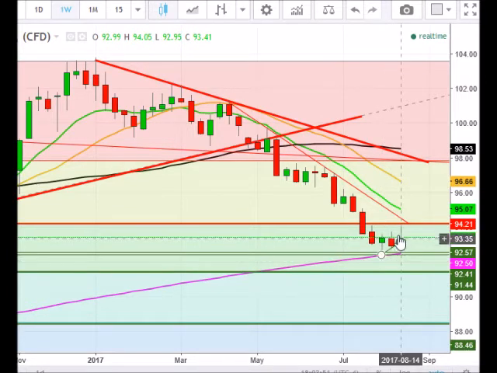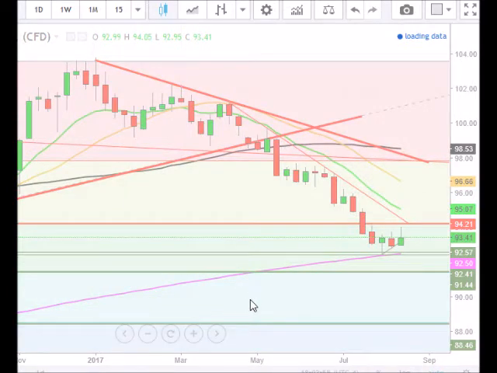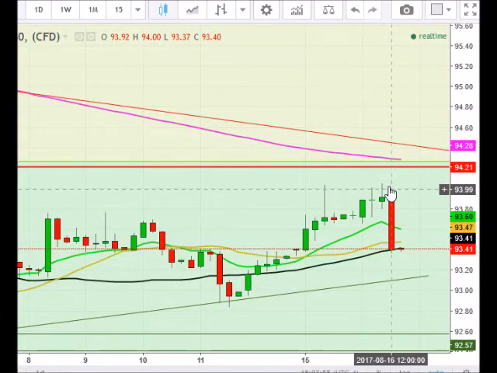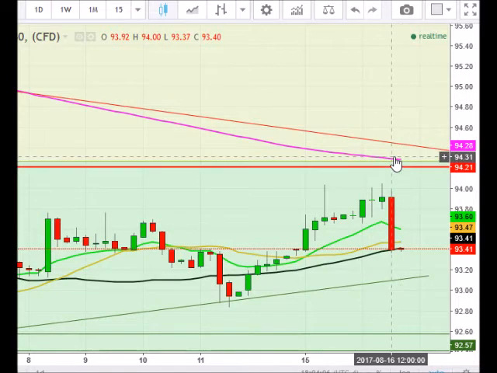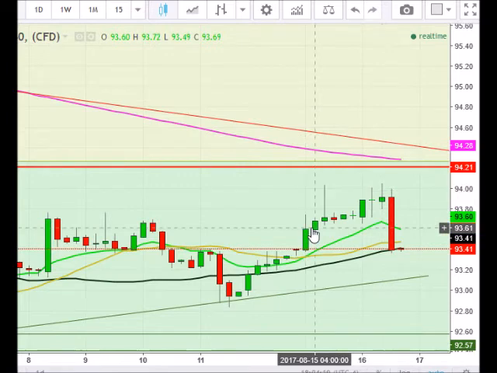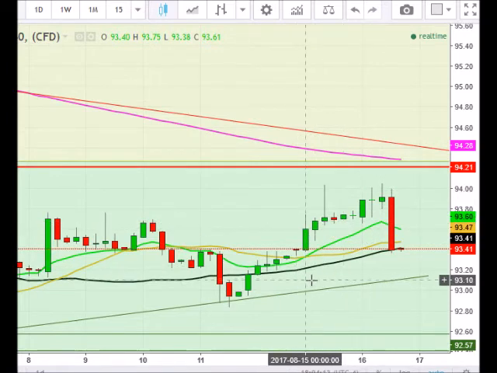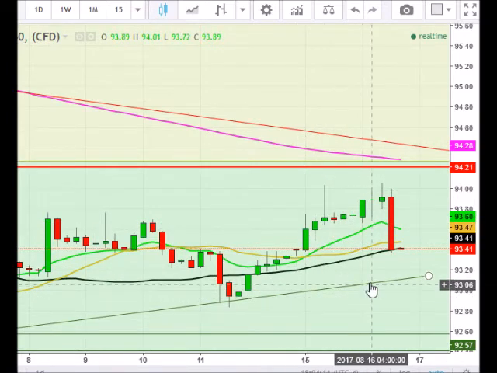As you can see here, dropping back down to the 4-hour time frame, prices did try to get above this 94 handle. It just could not happen, and even if we did, we would be facing the Fibonacci level here at around 94.20, as well as the 200, as well as another downtrend line here. So you do need to see some further consolidation for the US dollar. That's what I'm going to be watching for.